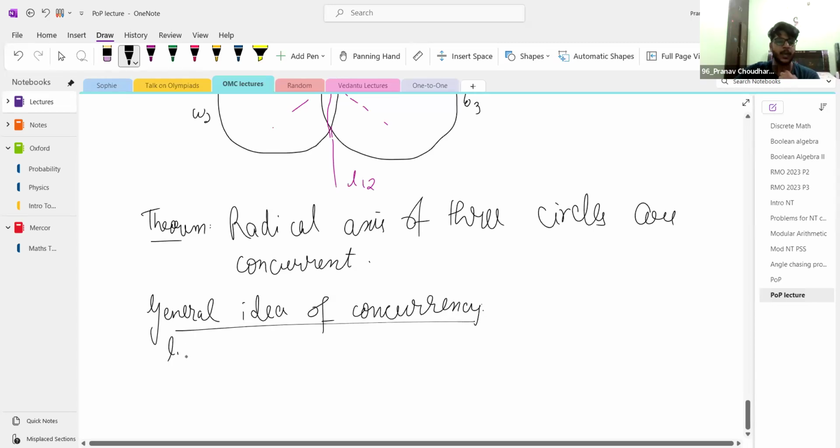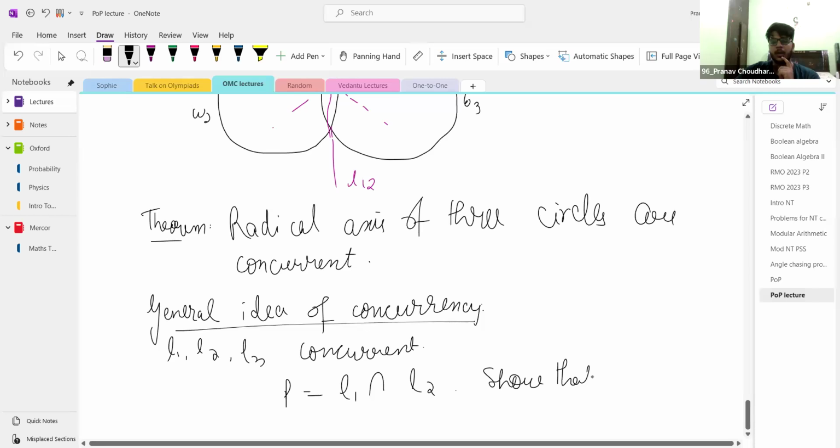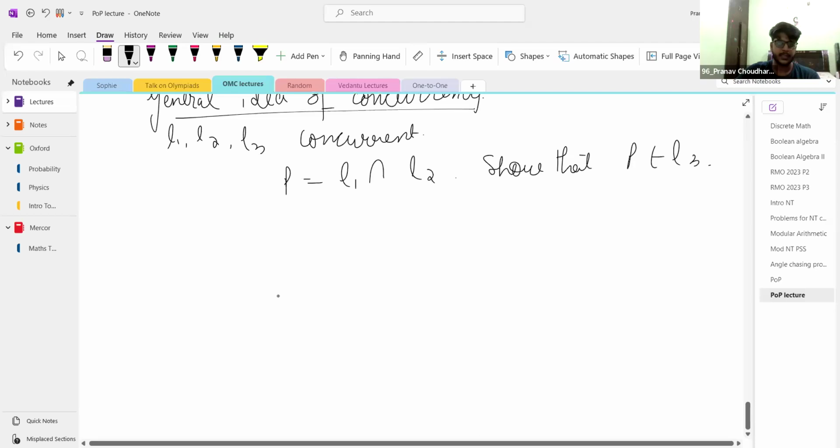So suppose you have to prove L1, L2, L3 concurrent. What I'll do is introduce a point P equals L1 intersect L2 and show that P lies on L3. This is how I'll generally prove concurrency. So let's just do that here.